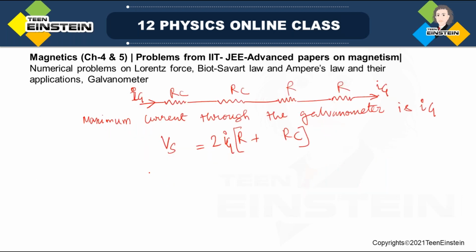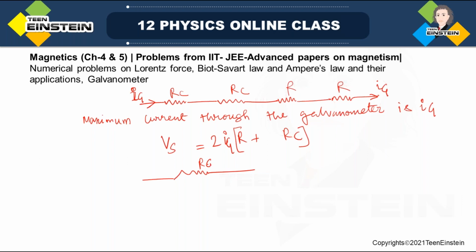Let us draw the circuit diagram. Suppose we have this galvanometer with internal resistance RC.